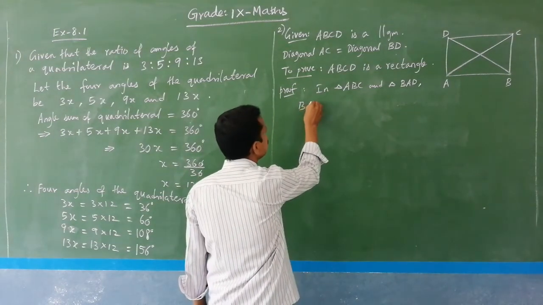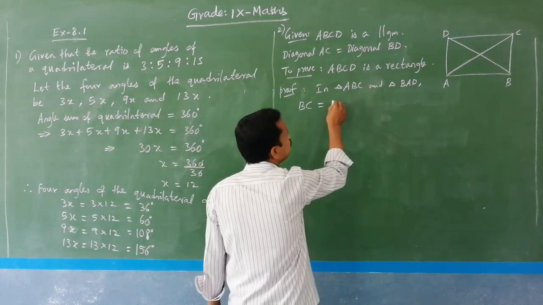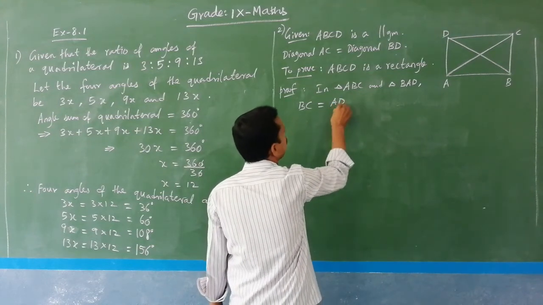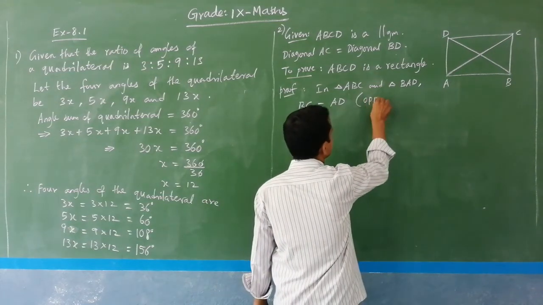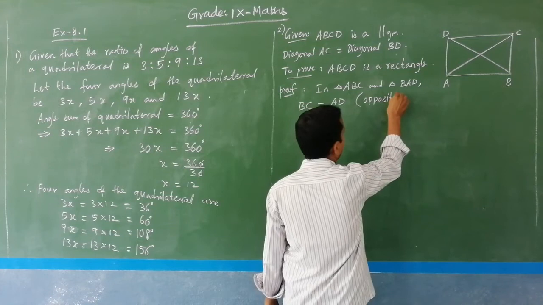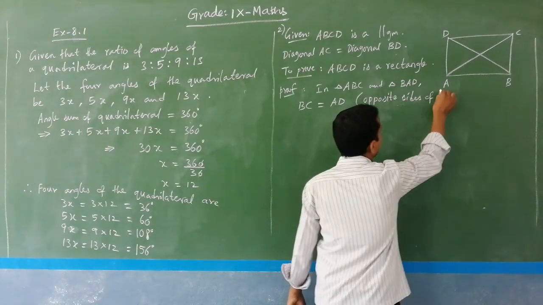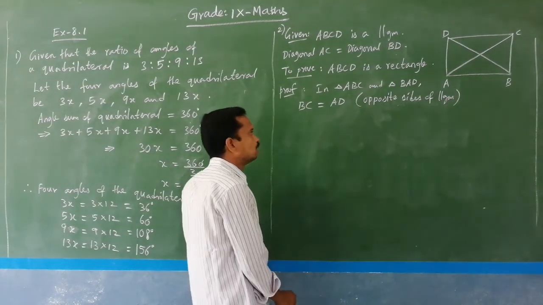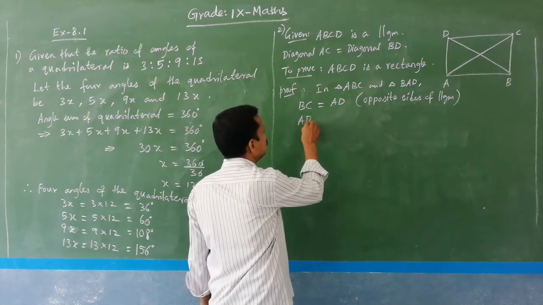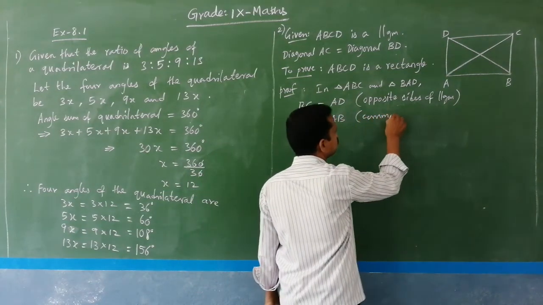BC of ABC is equal to AD of BAD, opposite sides of the parallelogram, you know they are equal. AB equals AB, common side.